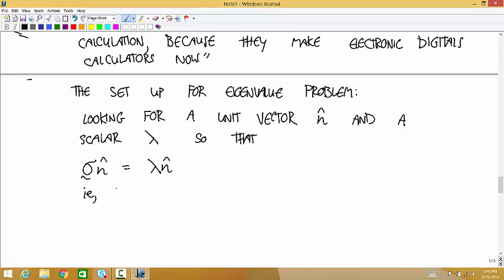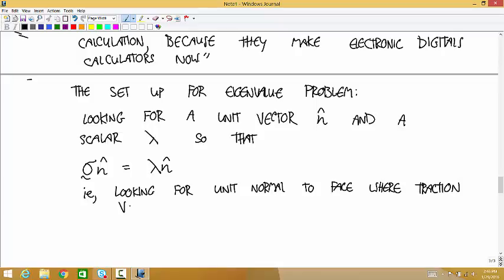So another way to say this is we're looking for a unit normal to a face where the traction vector is normal. Okay? You sort of follow what the strategy is there.